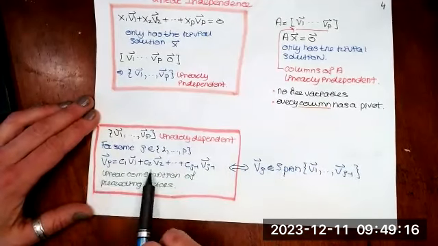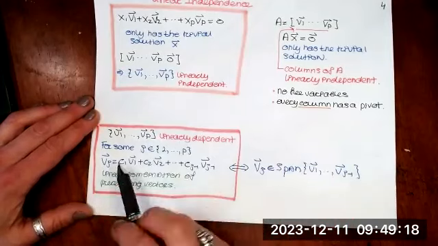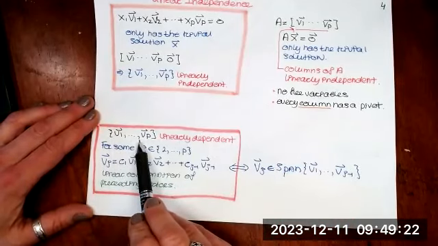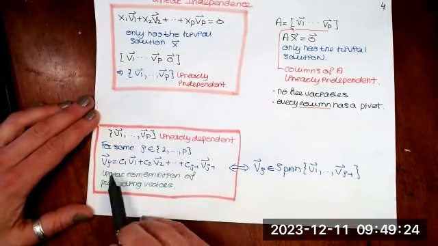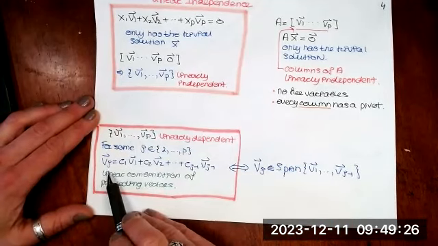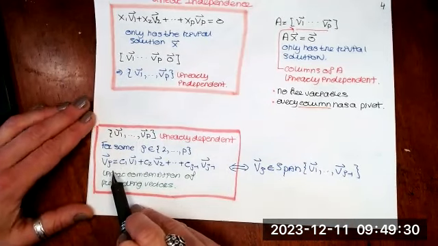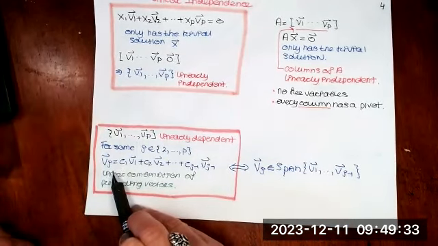We had this theorem that said if it's linearly dependent, then I keep going through my set one by one until I get to the one that can be expressed as a linear combination of the preceding vectors.